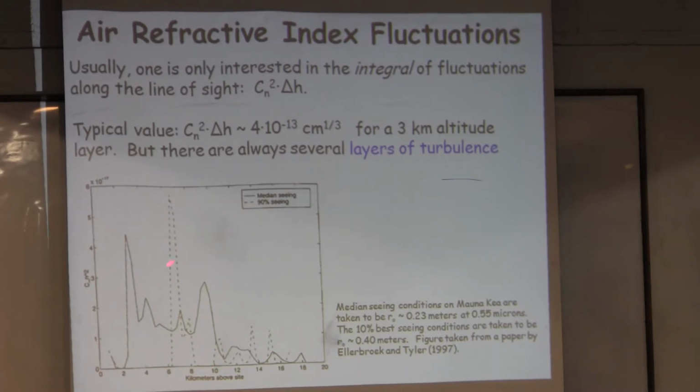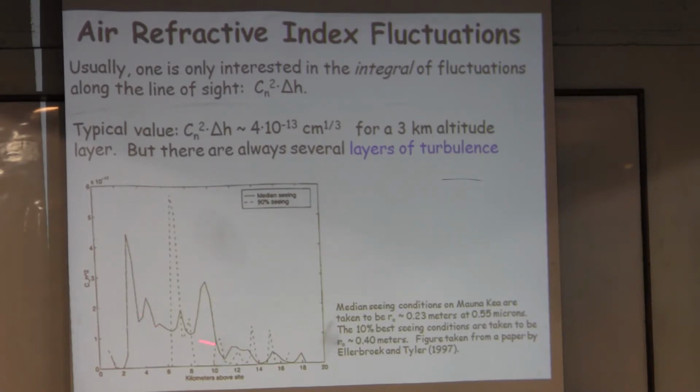And what it means is that most of the turbulence, as we said before, if this Cn squared profile is large, that means that the density or the temperature is very different between two points, and that means that it has a very bad effect on your image quality. So if this is high here, that means that a lot of the seeing, a lot of the image blurring will be produced at this point, some 3 kilometers above ground. And then there's another one at high layers, let's say 9 kilometers.